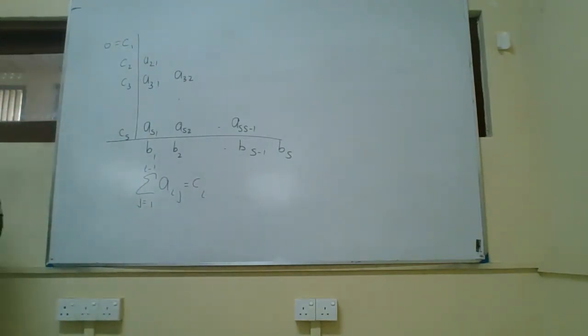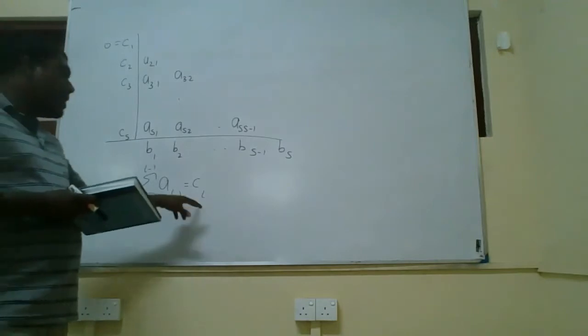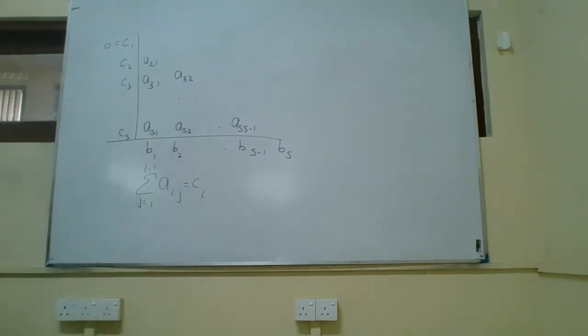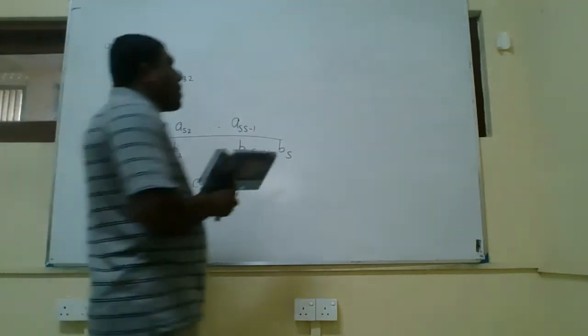Not necessarily always true, but it is a common practice that aij summed is equal to ci in general. So this is the shortest way of representing a Runge-Kutta method. So we will see a couple of examples.